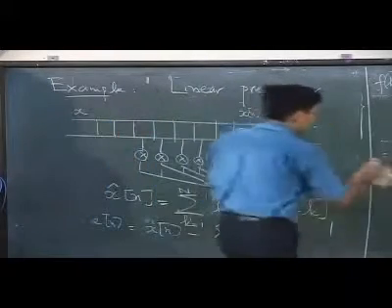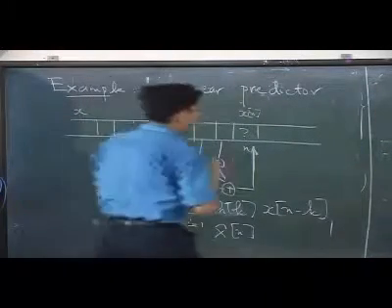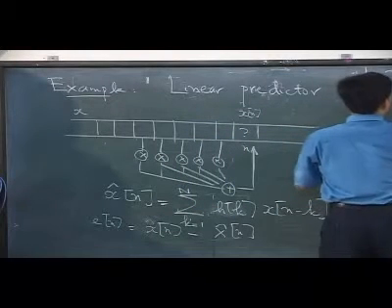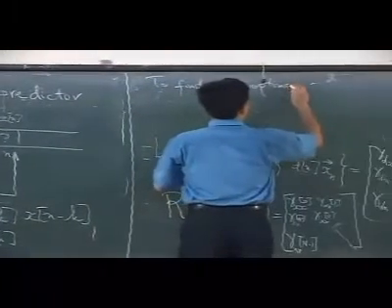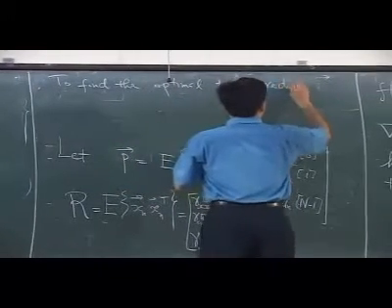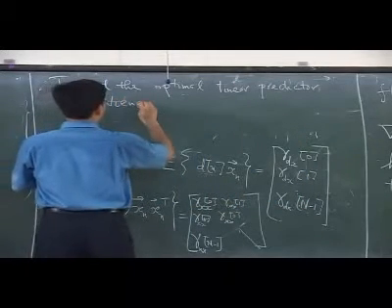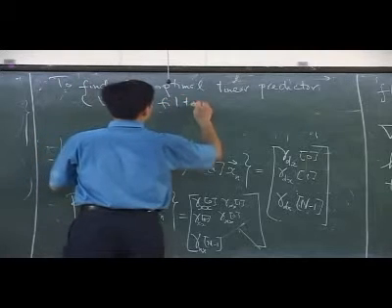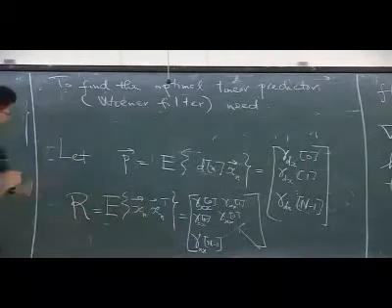We need to have P and R. To find the optimal linear predictor, which is a Wiener filter, we need to have P and R.